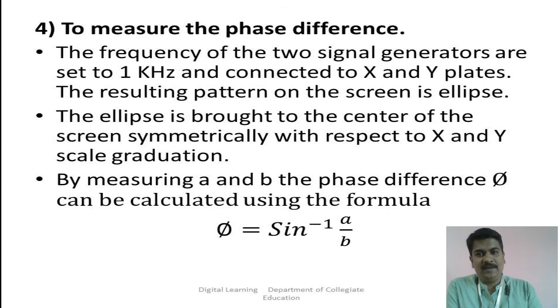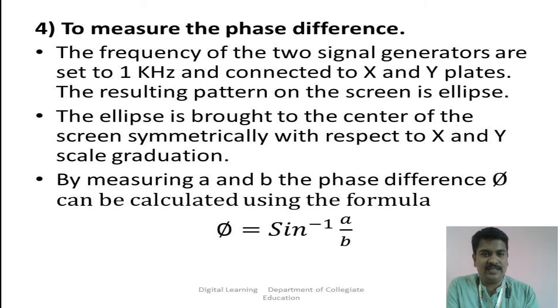But here, while measuring the phase difference of the two signals, you obviously have to feed two signals to the two channels of the CRO, and set the frequency to 1 kilohertz.